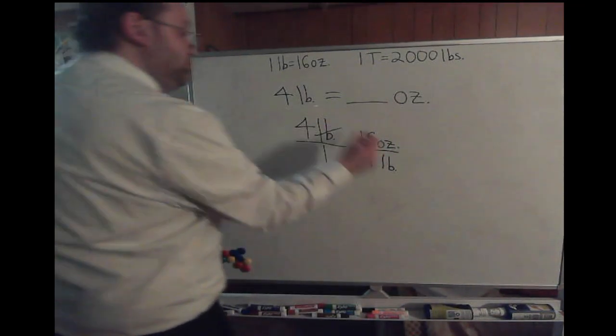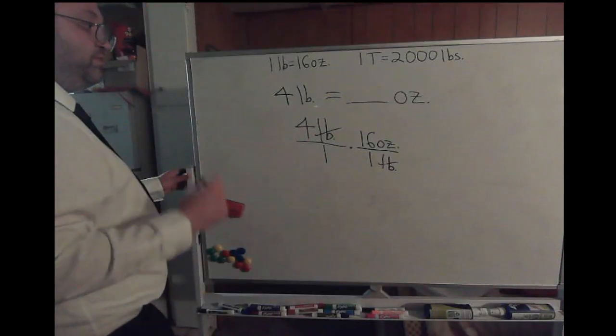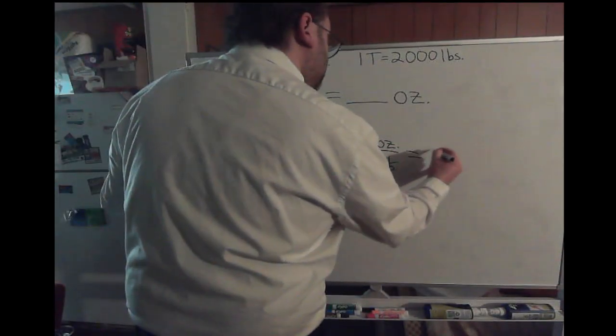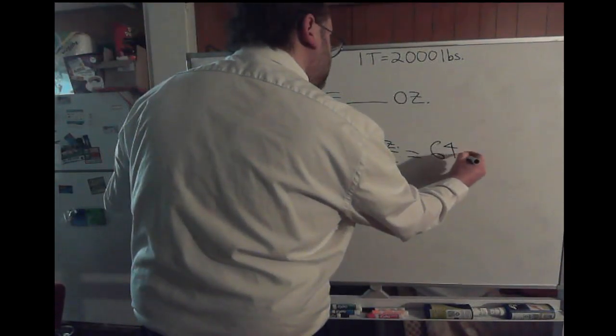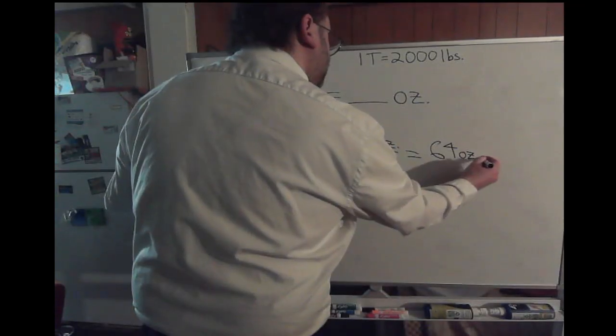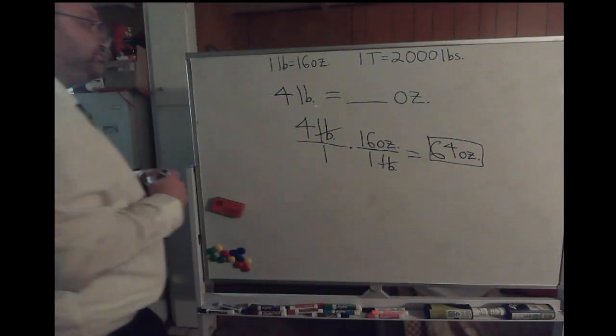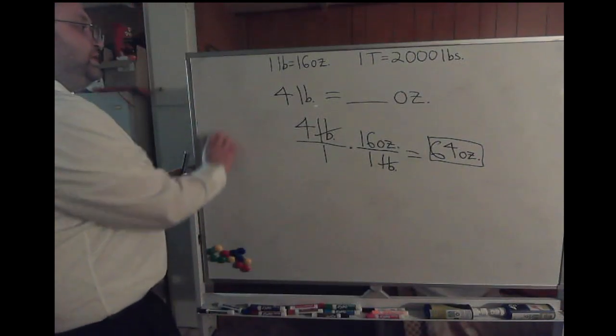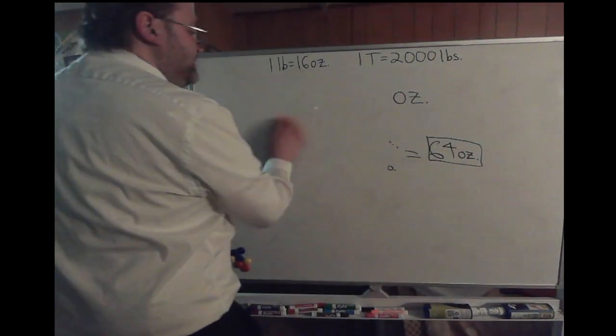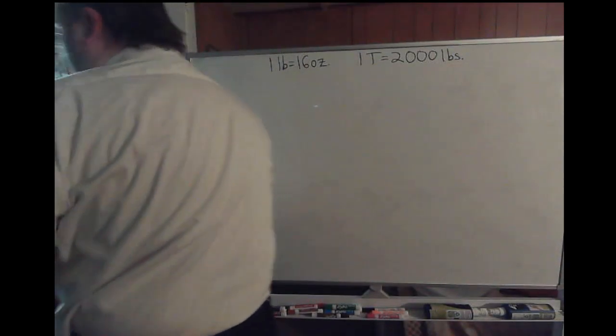So your pounds will cancel out. You'll just be left with 4 times 16. Well, that'd be equal to 64 ounces. So in 4 pounds, there are 64 ounces. So really, there isn't a whole lot to this. There honestly isn't a whole lot to American units of weight.